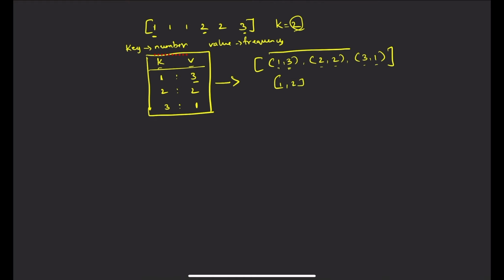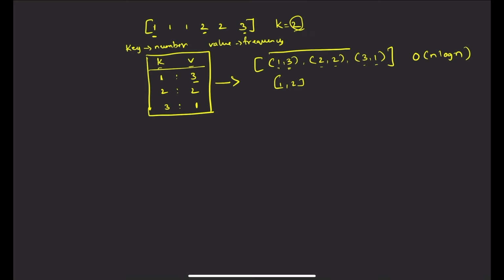You can sort the numbers by the frequency and pick the top k. This works perfectly. But the issue with this is the sorting step takes O of n log n. Right? Sorting takes O of n log n, which is not ideal when n gets large. So now what do we ask ourselves to get to an optimal solution? Now let's flip the question entirely.